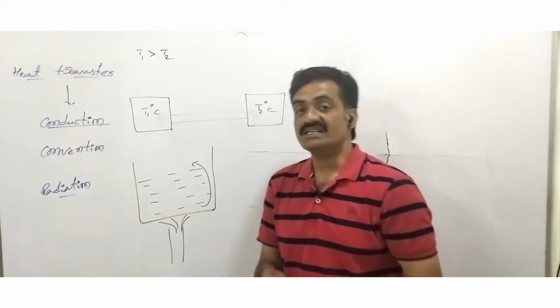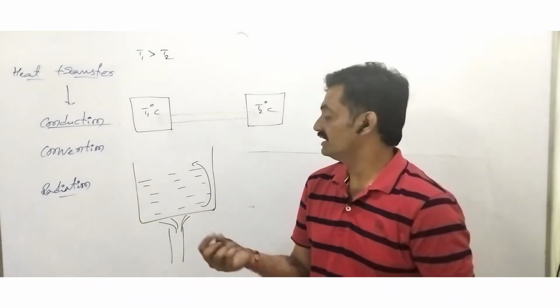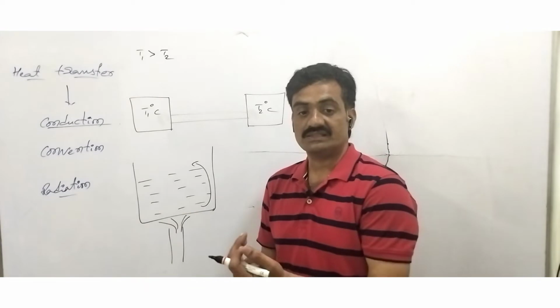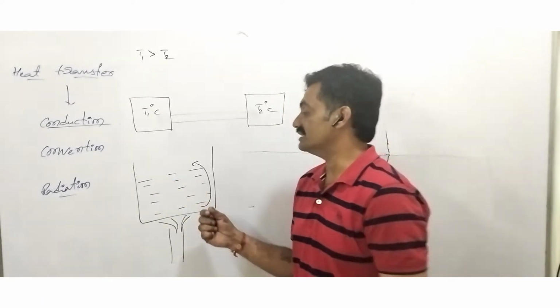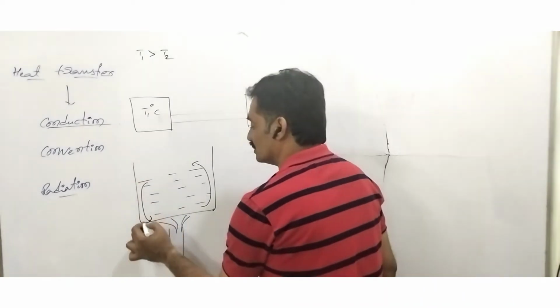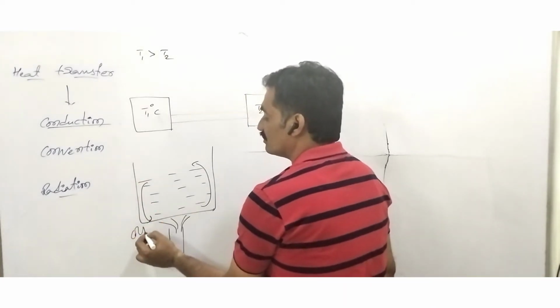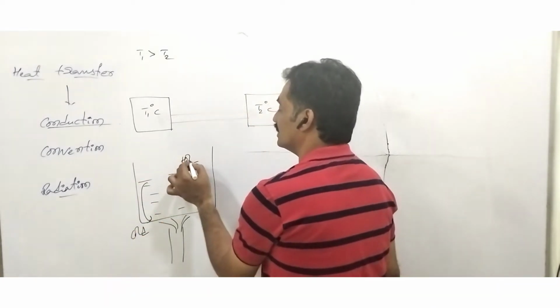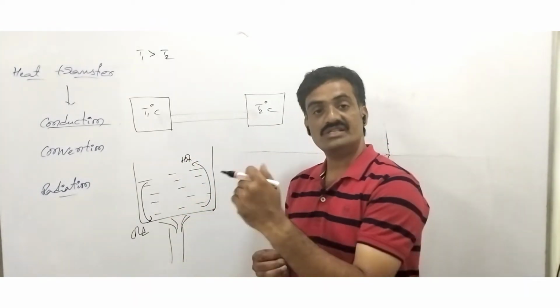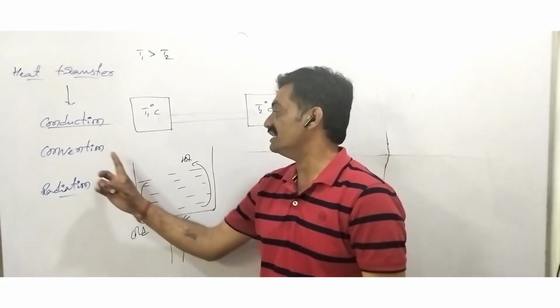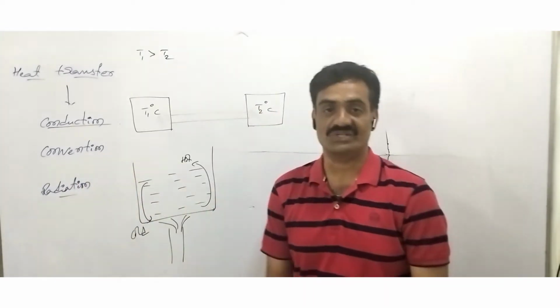Why? Because as the water absorbs the heat, its density decreases. Cold water has more density, so the cold water moves down, whereas hot water moves up. In this way, heat is transferred from one place to another place. This process is known as convection.